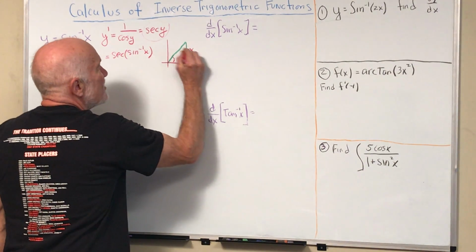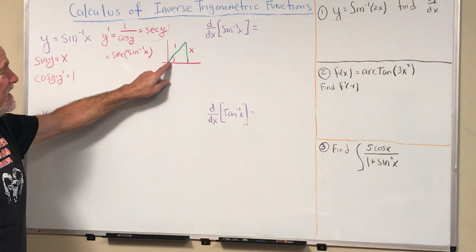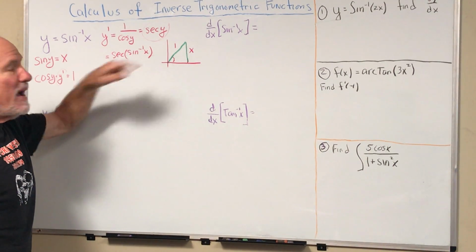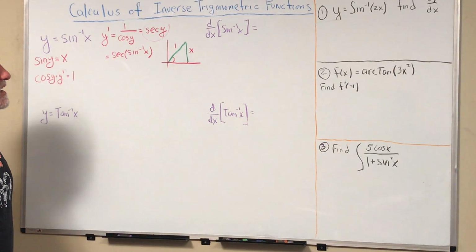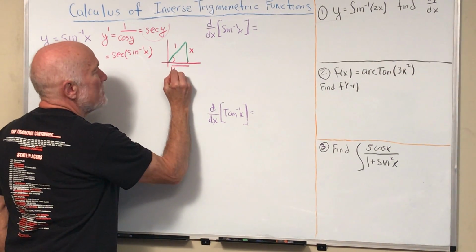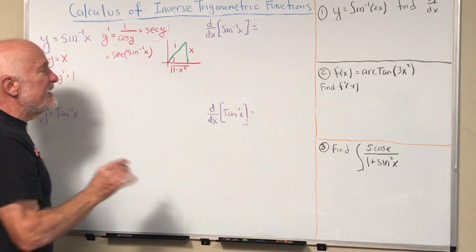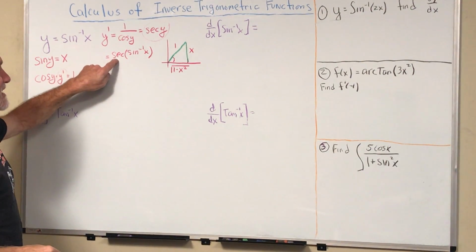But if I did this, now you would believe me that it's the angle whose sine is x, because the opposite over the hypotenuse is x. By the Pythagorean theorem, this side would be the square root of 1 minus x squared. So we don't actually have to find out what that angle is. We just need the secant of that angle.